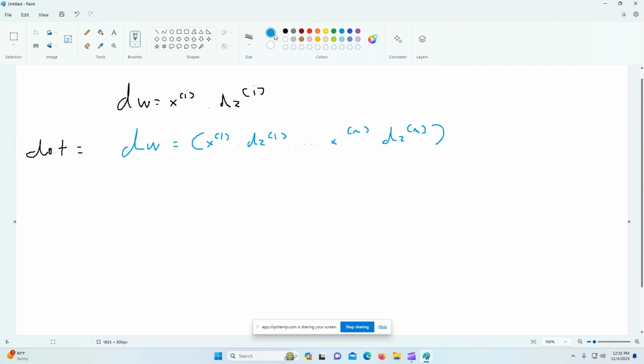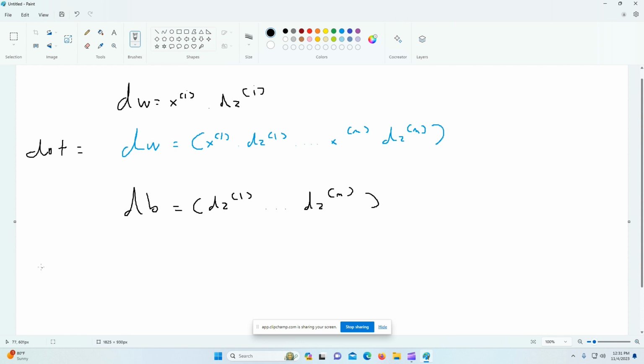And likewise with the derivative of b, instead of just multiplying, it's going to be the derivative of z1 to the derivative of zm.